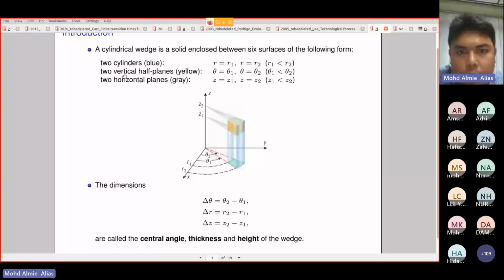In 3 dimensions, when we say theta equals a certain value, for example theta 1, we call it a half plane, because the plane starts from the z-axis, from the origin. Okay, so let me take this.